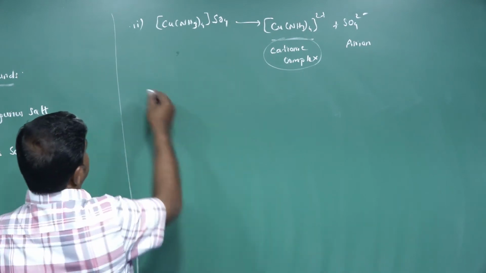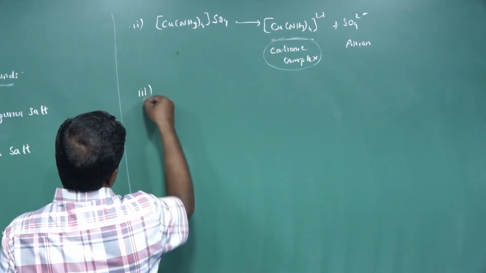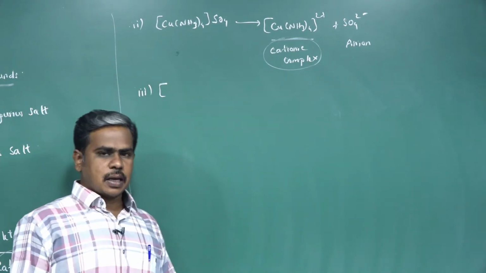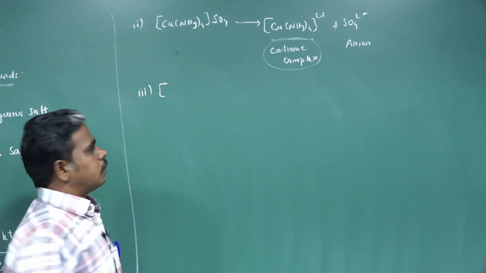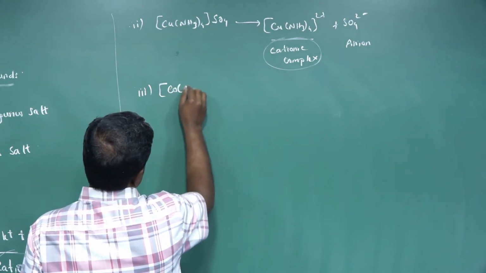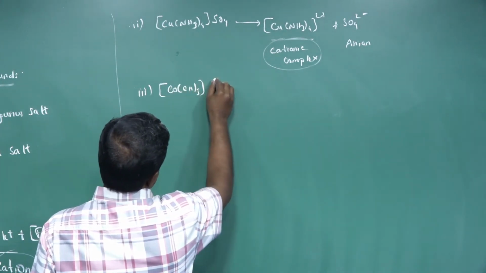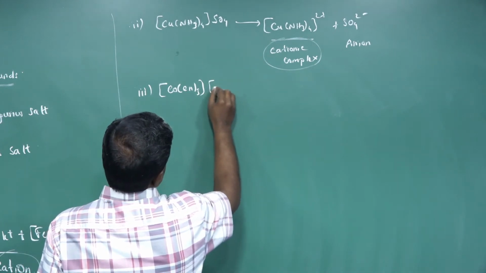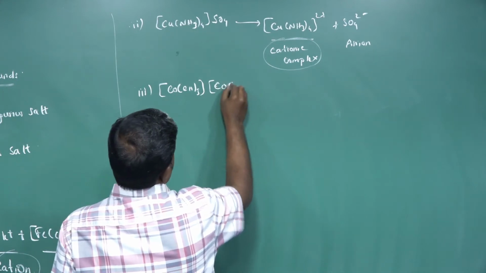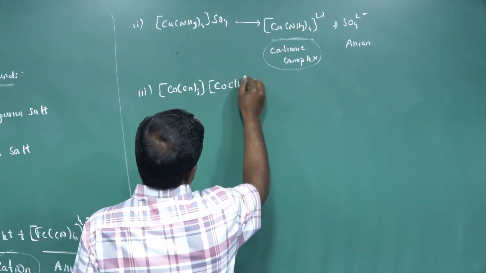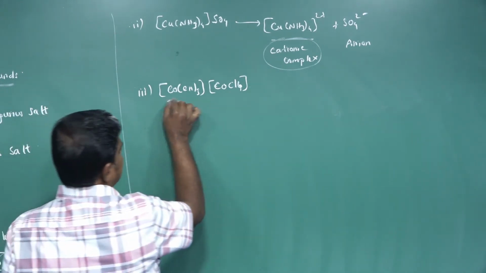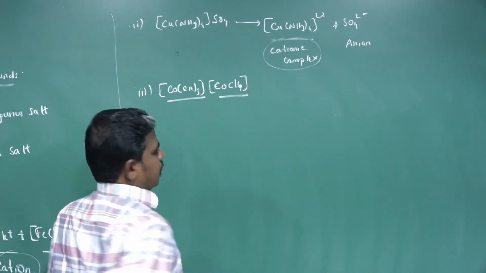If we take the third one, both are complexes. Both cation and anion are complexes. Suppose that is [Co(en)3][CoCl6]. Now here it is the cation and that is the anion.